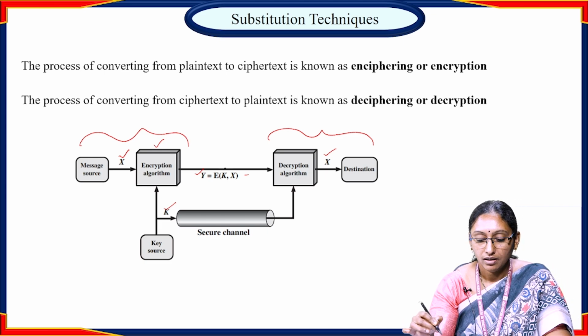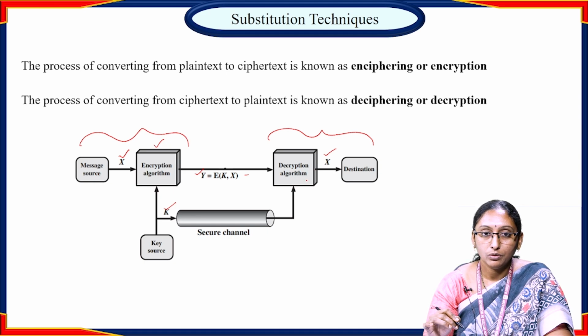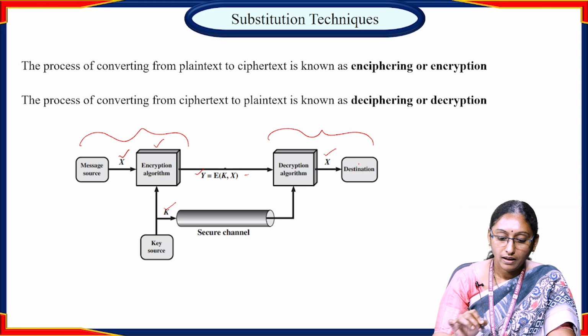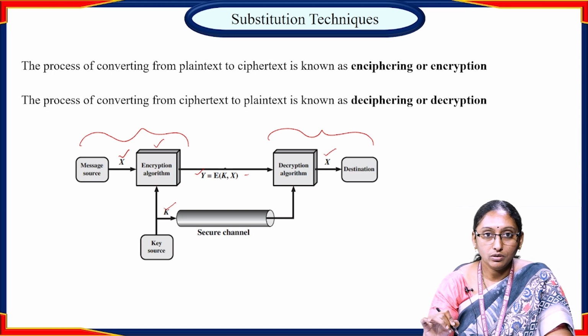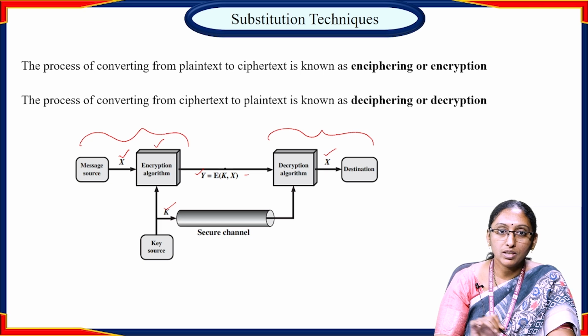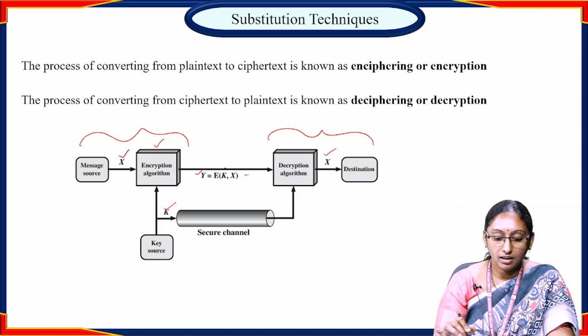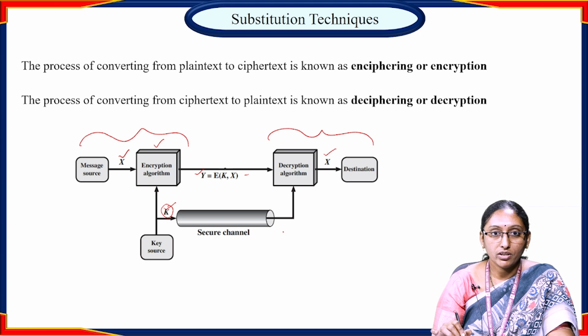In the same way, the decryption algorithm uses the same secret key to transform ciphertext to plain text, so that the entire communication is secure as long as the key K is secure. Both source and destination must share the secret key K through a secure communication channel.